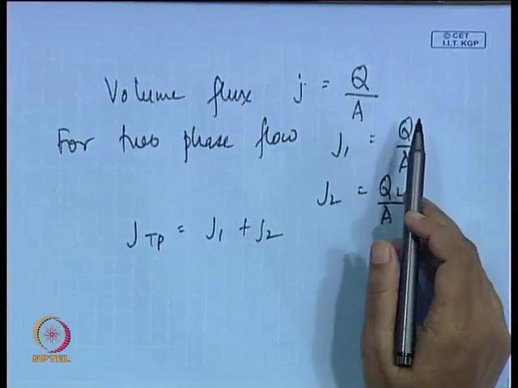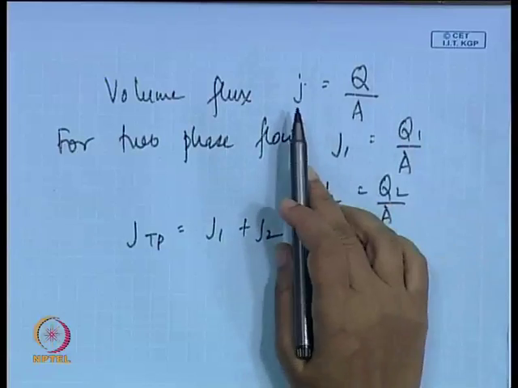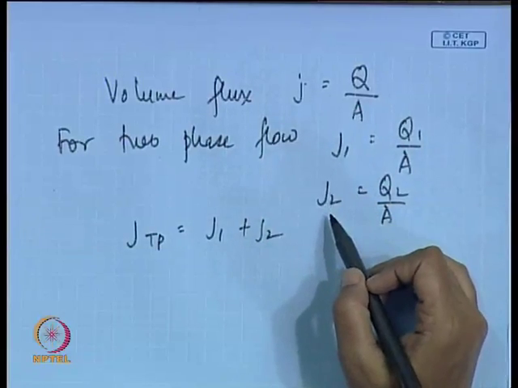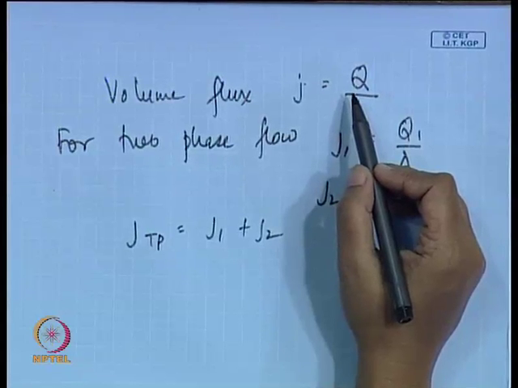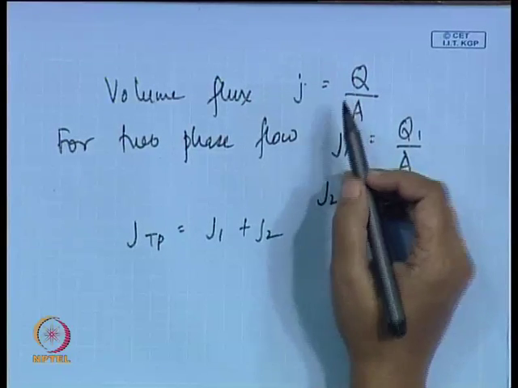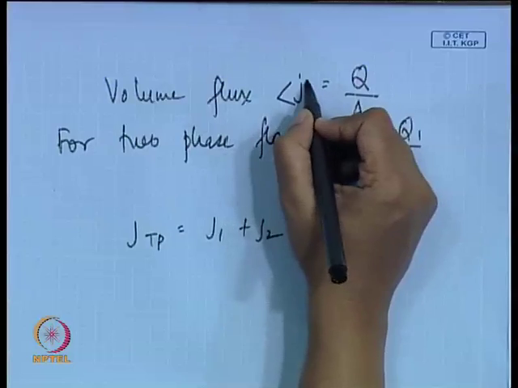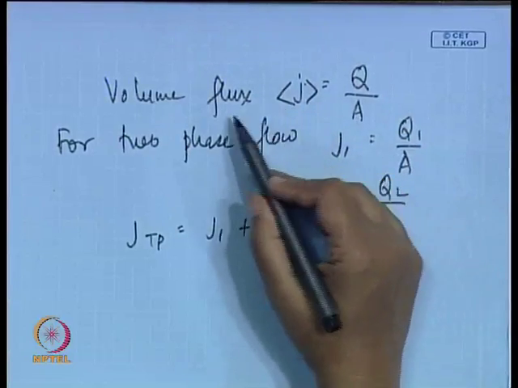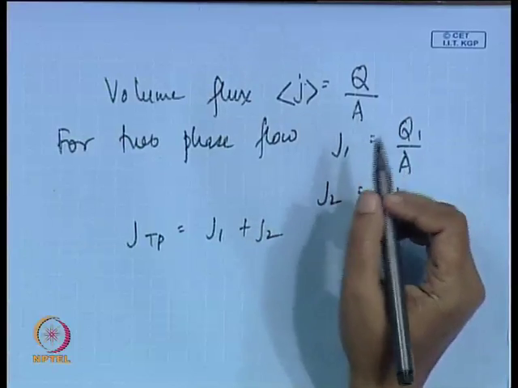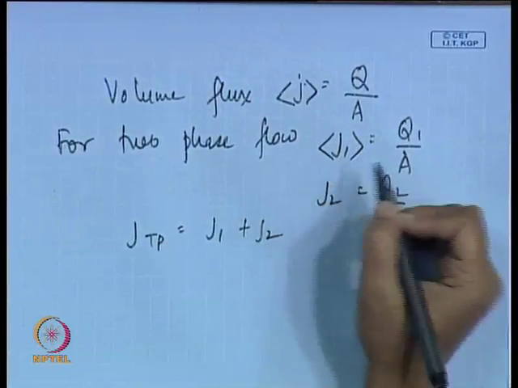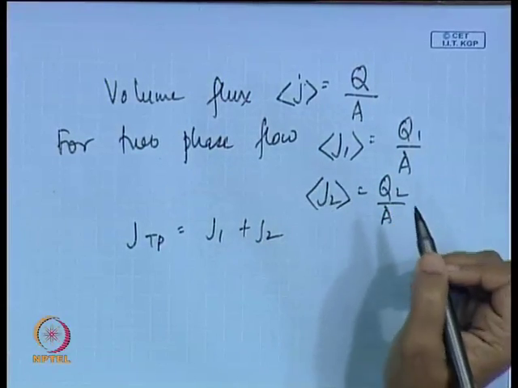Now, remember one thing, whenever I refer to these volume fluxes, I assume that the total volumetric flow rate does not change across the cross sectional area, isn't it? Remember, so we assume that the volume flux is the area average volume. Under normal circumstances, this should be this type.